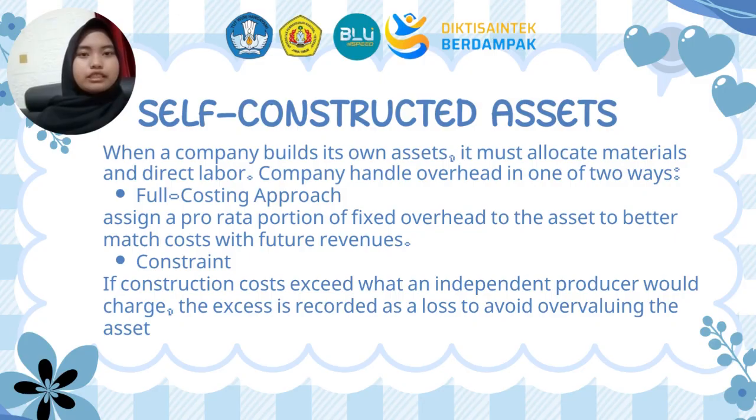The first one is acquired for use in operation. So PPE is not intended for sale or held for price appreciation like an investment. The second is long-term and depreciated. PPE provides services over multiple years and not only a short term. The last is physical substance. It's a tangible asset, to distinguish it from intangibles.